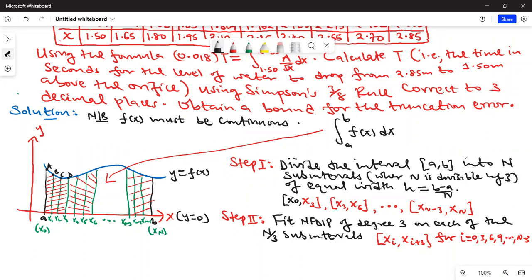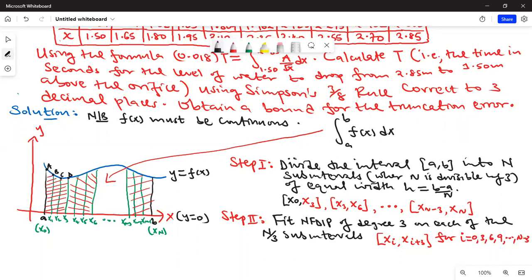When you have a table of data with 4 points, then it means that your interpolating polynomial must be of degree at most 3. And that's why we insist on using the Newton forward difference interpolating polynomial of degree 3.